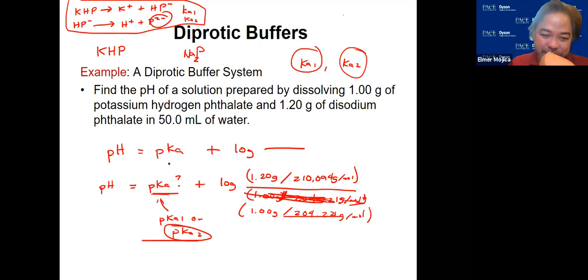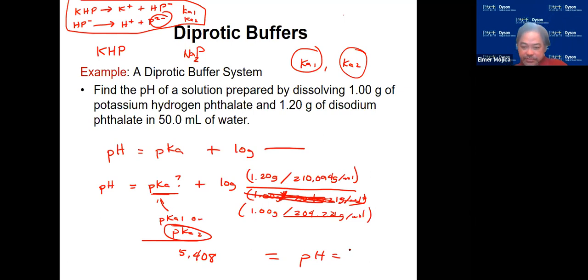But the right one would be pKa2. If I give you the value, it's around 5.408, and I think the answer that you get for the pH is 5.47. So this is the pKa2.